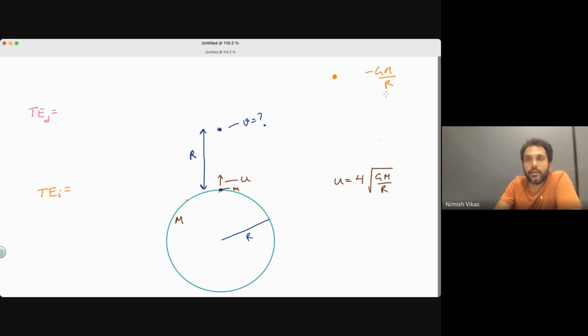Then due to a solid sphere, outside was luckily the same formula, but inside is some other formula. Then a hollow sphere, outside was again luckily the same formula, but inside you have to take the x as r. There are a lot of questions on this, the hollow sphere.